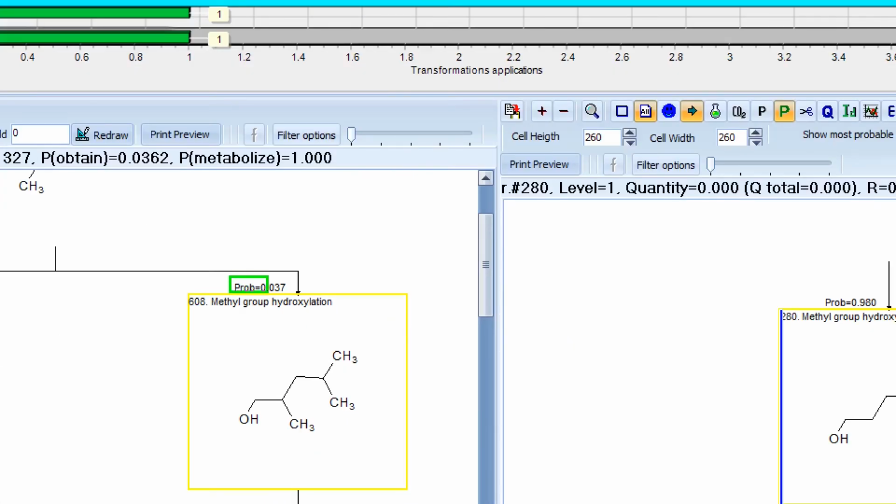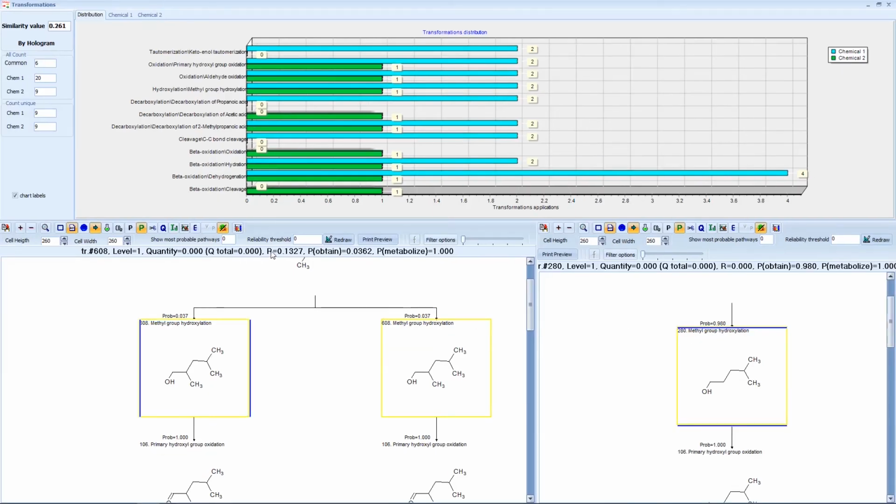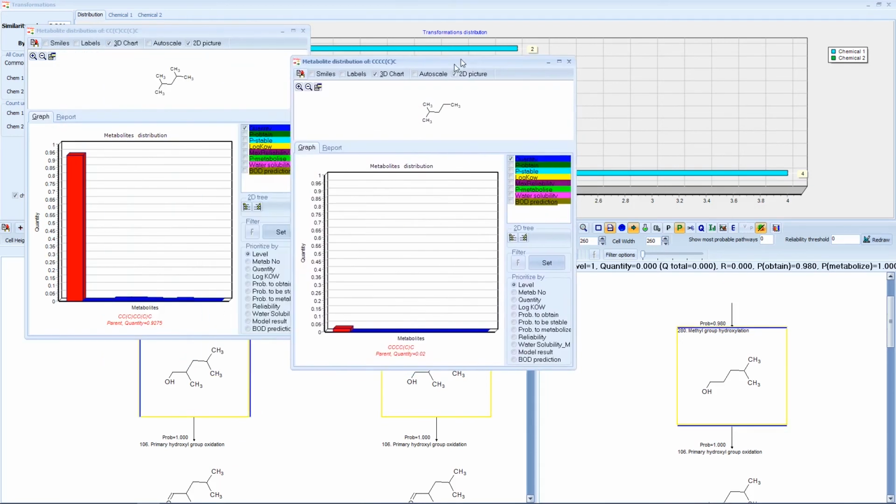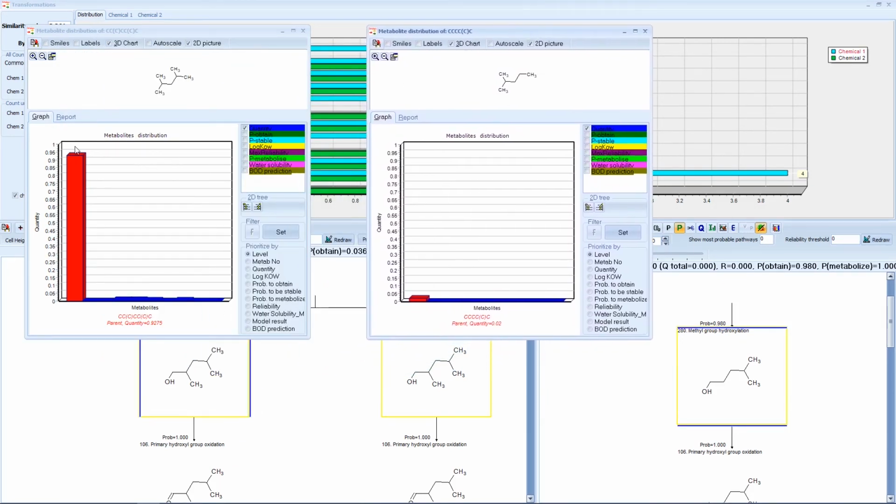The reason is that in case of chemical 1 we have a branched alkyl chain, whereas in chemical 2 the alkyl chain is linear. The difference in probabilities leads to the different amounts of the parent chemicals as shown in the distribution charts.